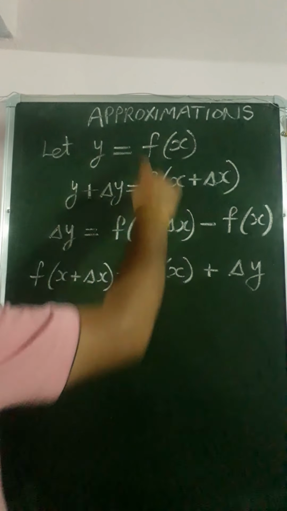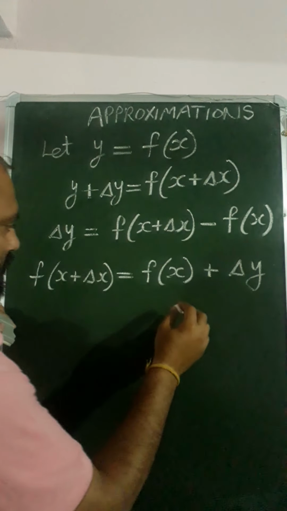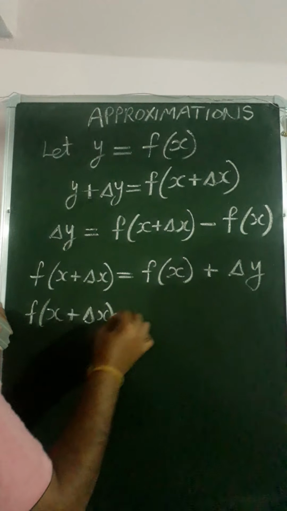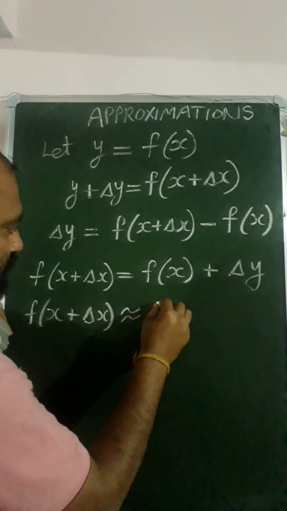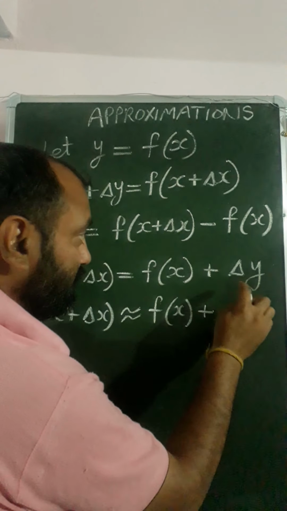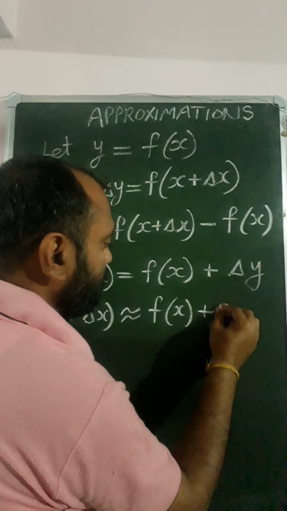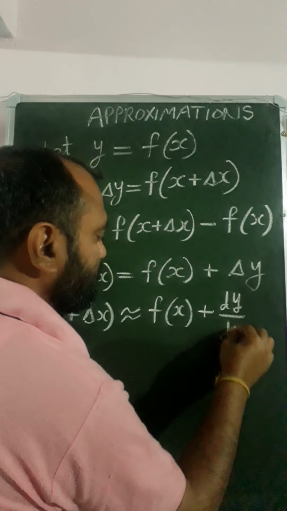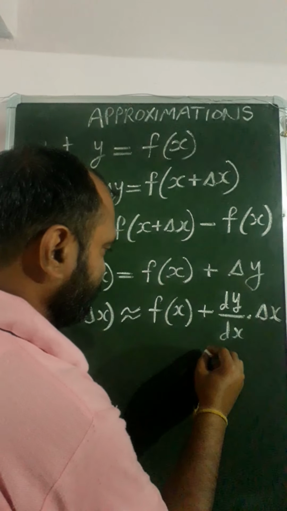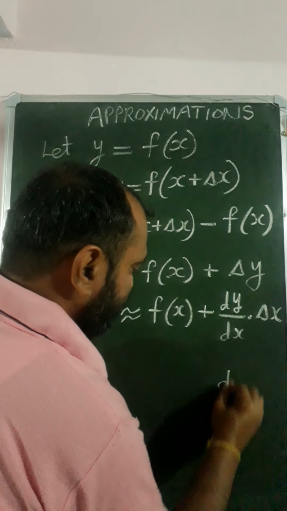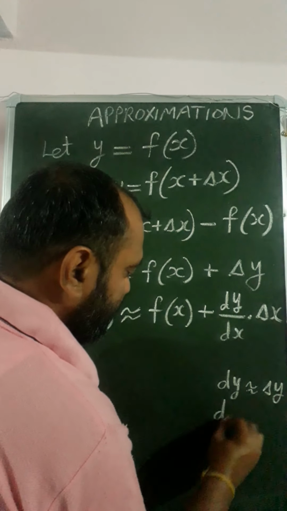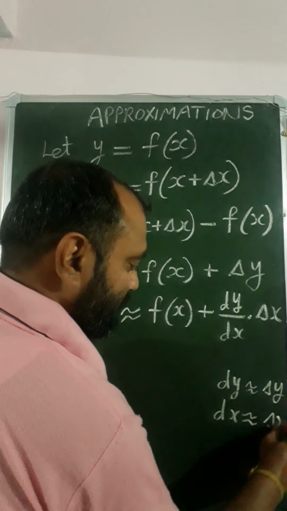As you know, approximation means this f of x plus delta x is approximately equal to f x plus, now note this, delta y you can write as dy over dx into delta x, where dy is similar to delta y and dx is similar to delta x.